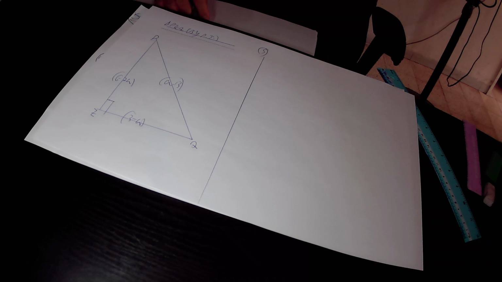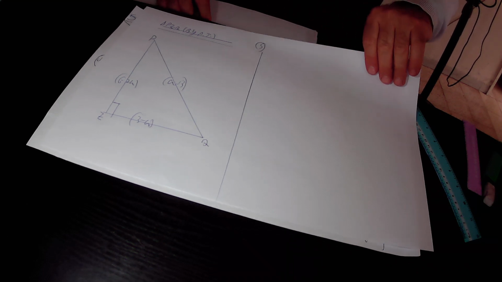In this right triangle PZQ, PQ square equals PZ square plus ZQ square. Repeat again. PQ square equals PZ square plus ZQ square. So I'll write it down.